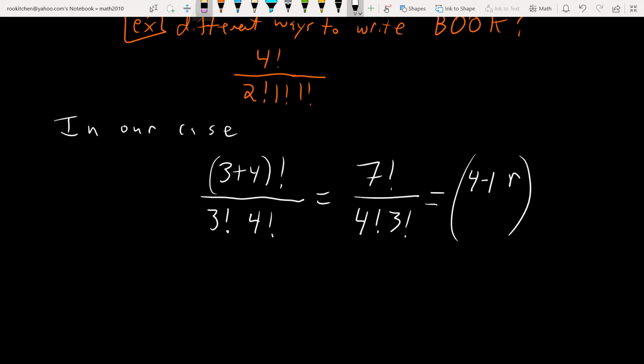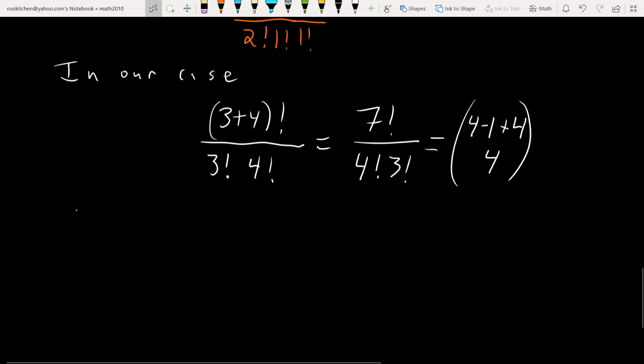And let me erase the r. I didn't mean to put in the r already. And then plus the number of x's, which in this case was 4, right? And then choose 4, basically. Okay. So 8 minus 1.